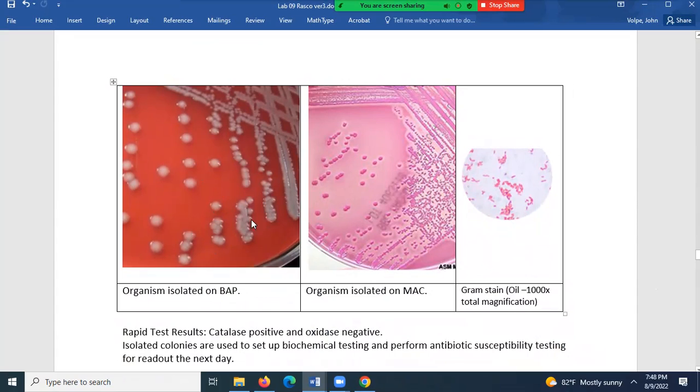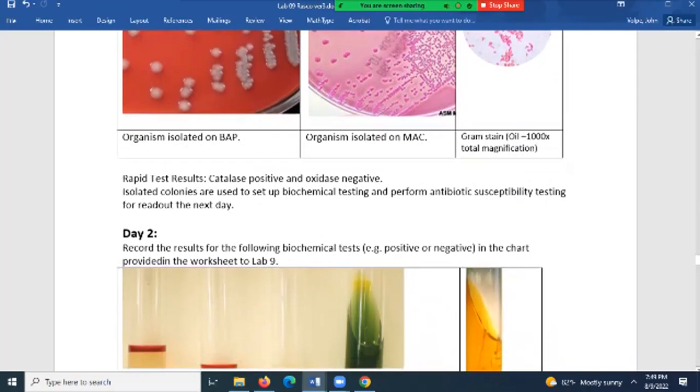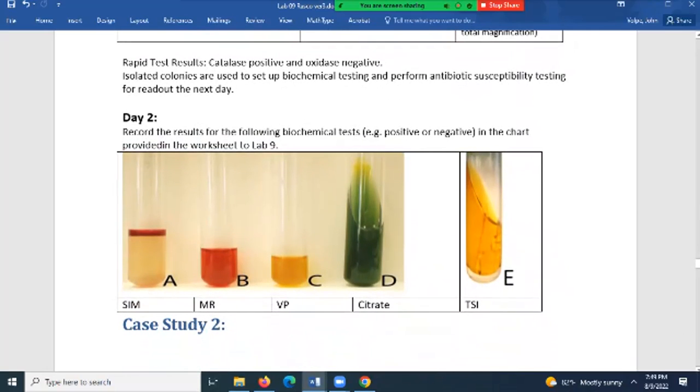Then we took the bacteria and grew it on a MacConkey's plate, and you can see something's happening here, the color of the bacteria. And then we did the gram stain. You can determine whether this is gram negative or gram positive. And then we did some rapid tests. We did the catalase test and the oxidase test.